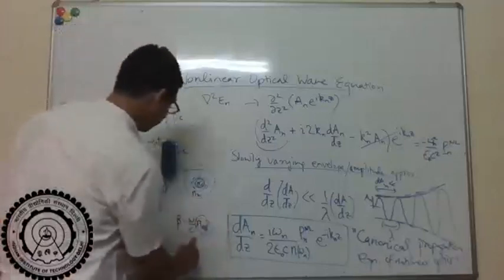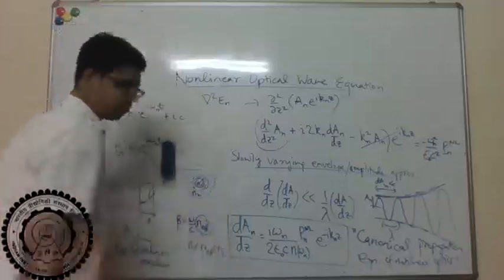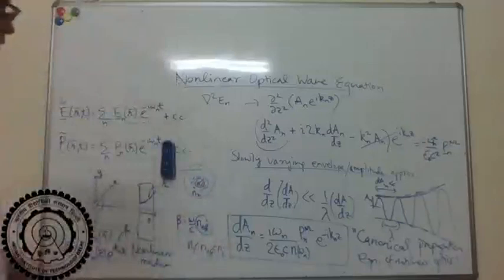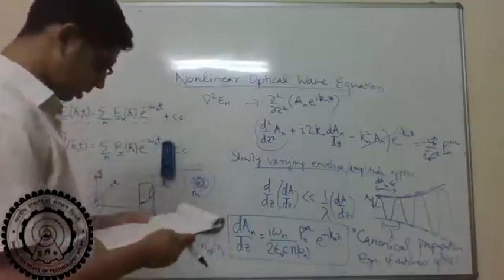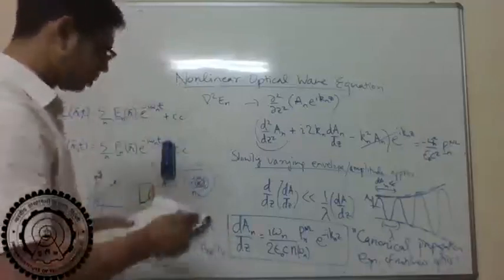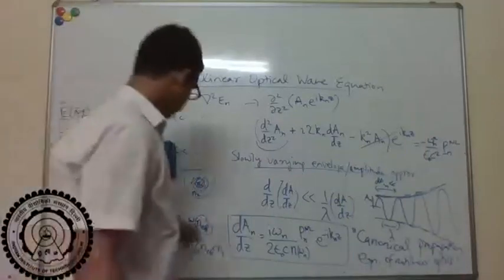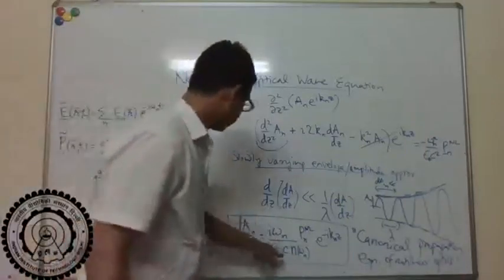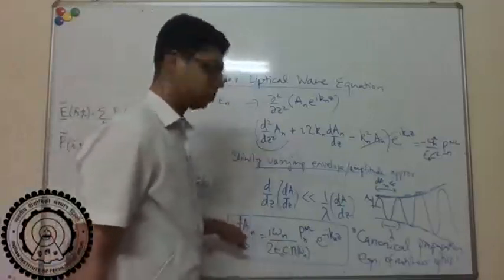Then n effective lies between the core and cladding refractive indices. So if I'm looking at some fiber or waveguide mode, the only change is that instead of the refractive index here, you get the n effective for that particular mode.